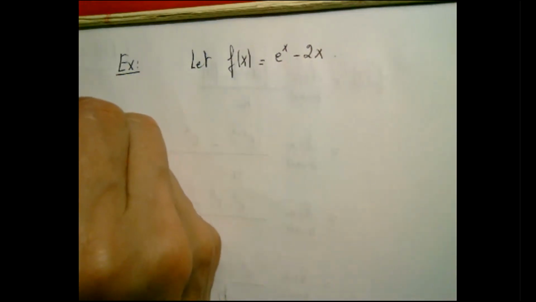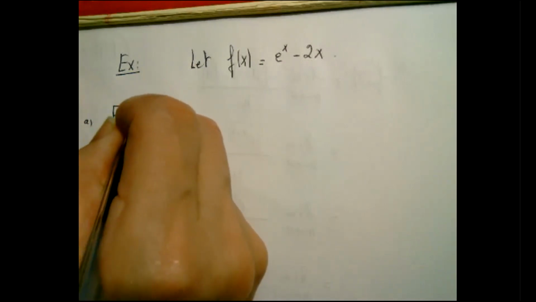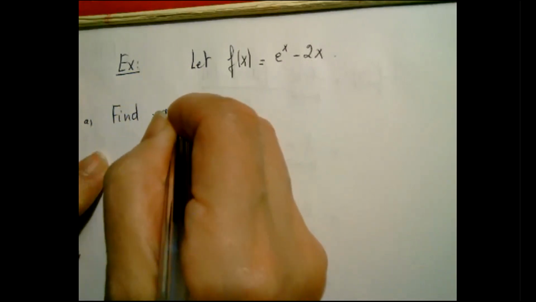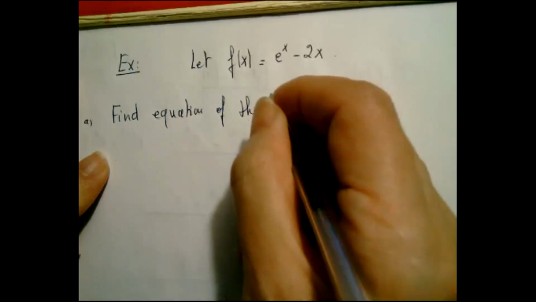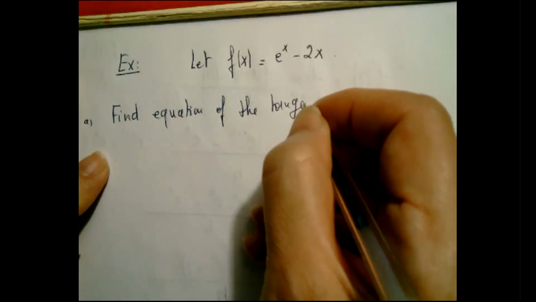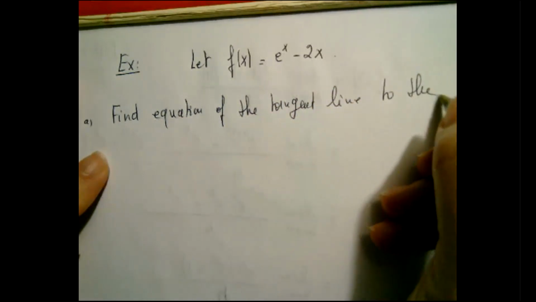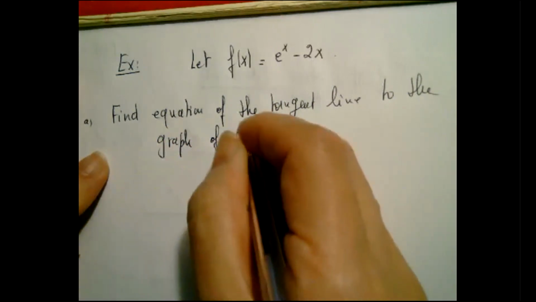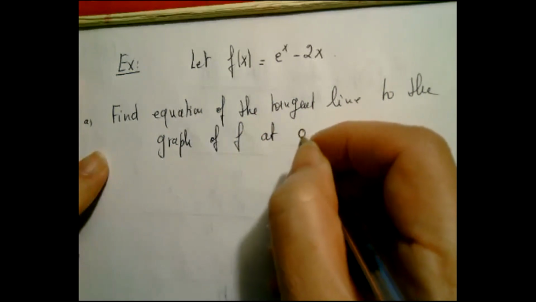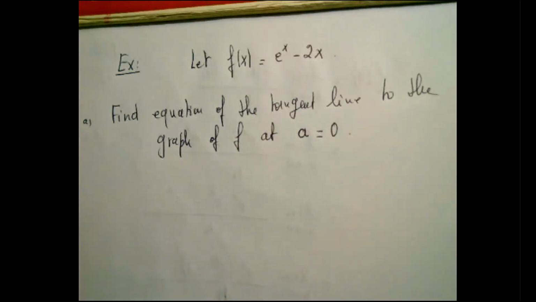And question number 1, find the equation of the tangent line to the graph of f at, let us say, the point a equals 0. That's to make the algebra simple. So this is nothing more than the equation of the tangent line.